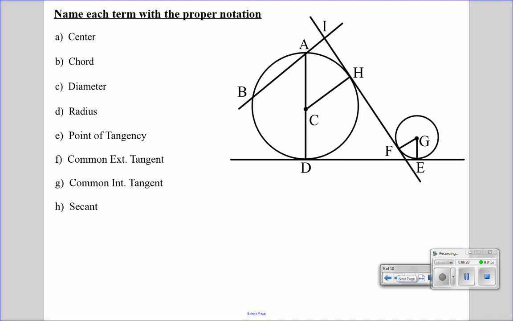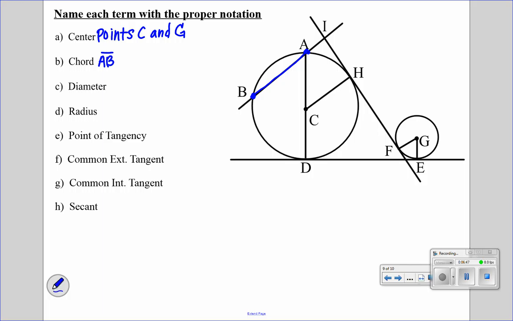So let's put all of these pieces together and start naming all of our parts. So if we look at this, for our centers, we have points C and G. Those are our 2 centers that we see. A chord, we have line segment AB. And if we call it a line segment, that means it starts and stops, so that is allowed to be called a chord.